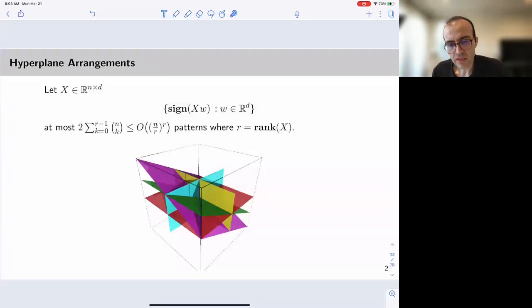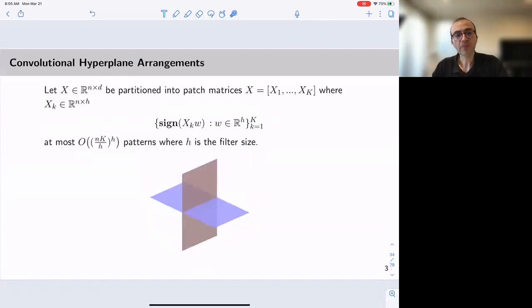But isn't this a very big number? Well, it is big, but in practice, what works best are convolutional neural networks. And if you have a convolutional neural network, the number of arrangements is actually very few. It will actually be always polynomial. So it turns out if you have a convolutional neural network, the right thing to look at now is a patch of the data, right, multiplied by a weight, which is called convolution.